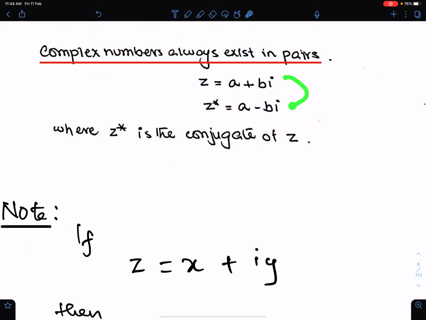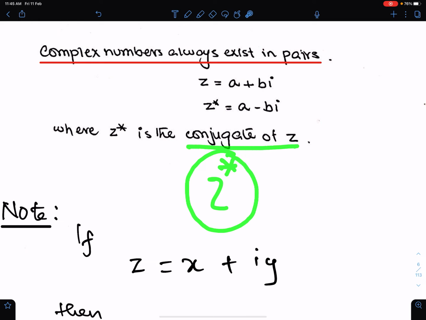This is the pair of a complex number. If we represent the first number as z, then the pair will be represented by z star, and it is known as the conjugate of z.